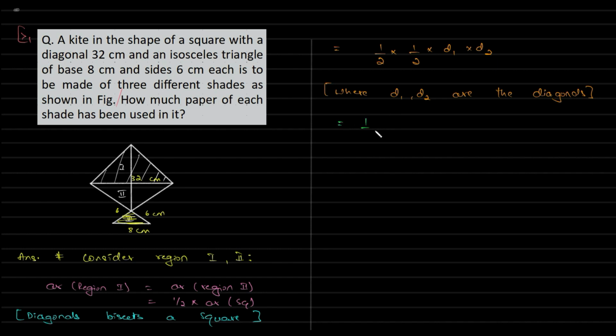So now this is 1/4 of the diagonals, 32 into 32, right? So why are both the diagonals 32? Because in a square the diagonals are of equal length.